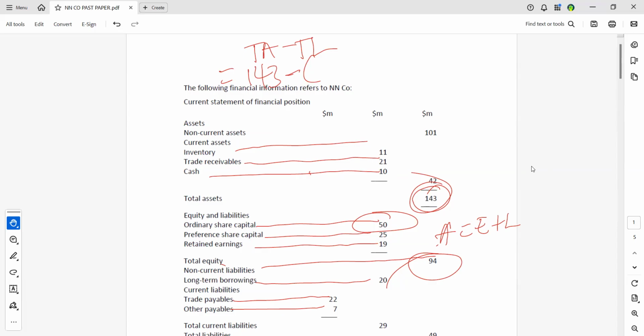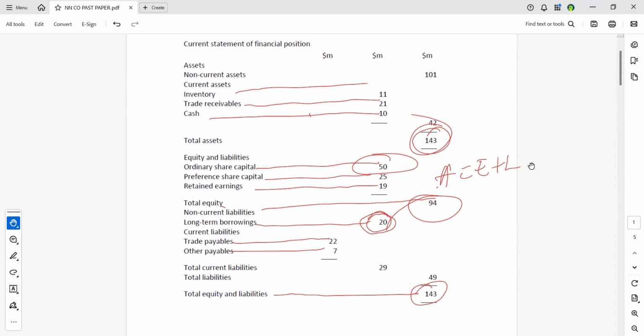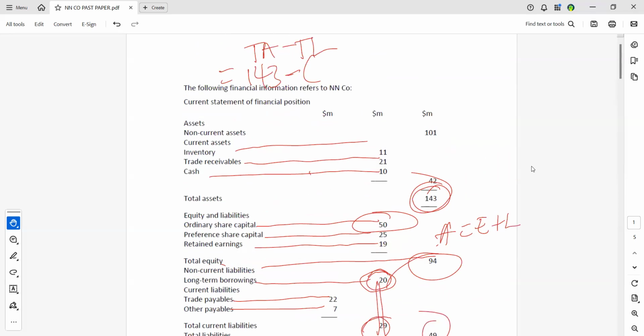The total liabilities comprises of this long term debt over here, which is 20, and the other liabilities here. So that is 20 plus 29, that gives us 49. So I come here to subtract my 20 plus 29. So that gives me 143 minus 49.